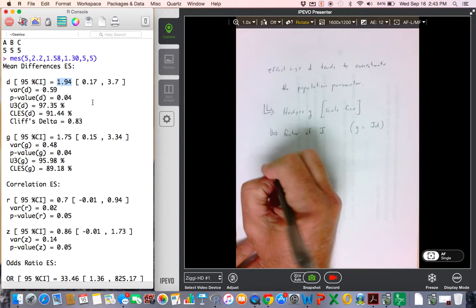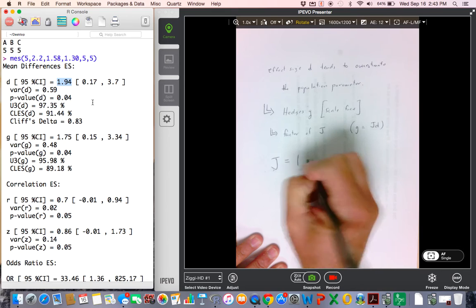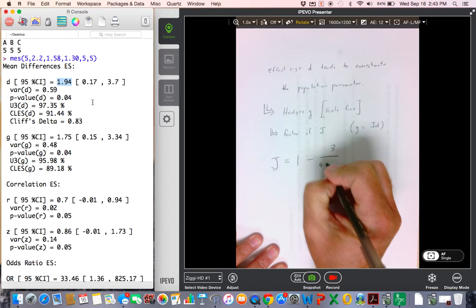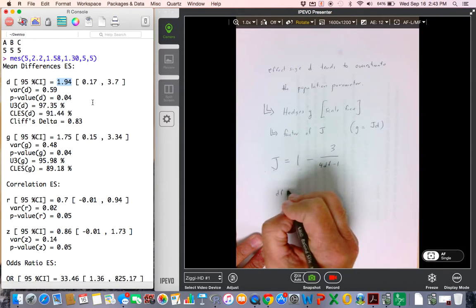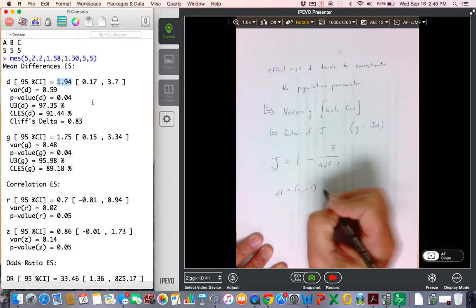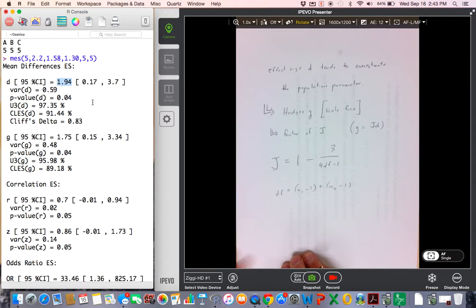The factor, guys, is 1 minus 3 over 4 times the degrees of freedom minus 1. And guys, your degrees of freedom here is just n1 minus 1 plus n2 minus 1. Okay?